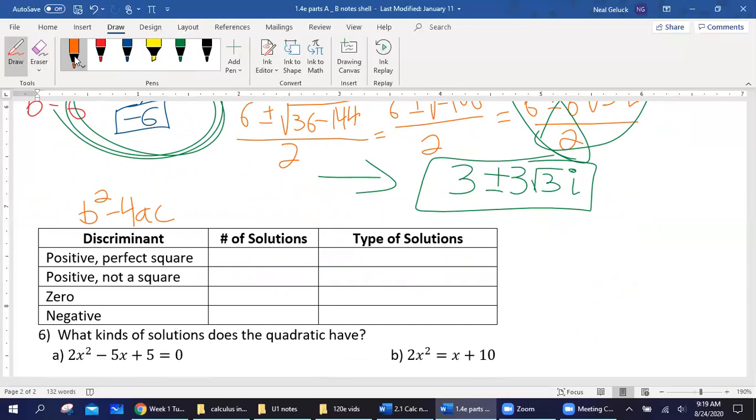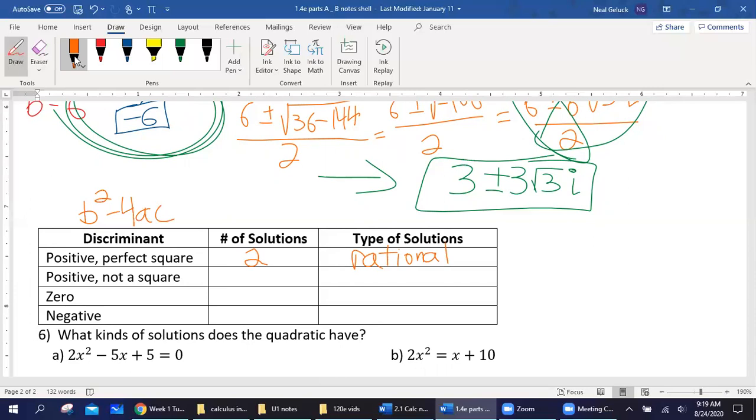Some rules with this: if the discriminant is positive, if you calculate b squared minus 4ac, and it's a perfect square, that means you're going to have two answers to the problem, and those answers are going to be nice rational numbers, meaning the square roots are going to be gone.